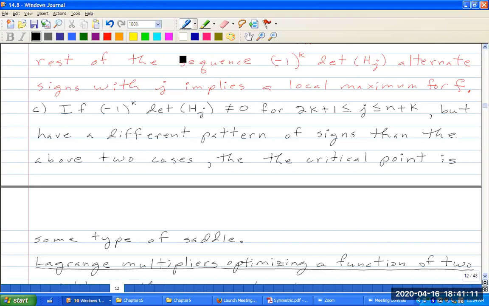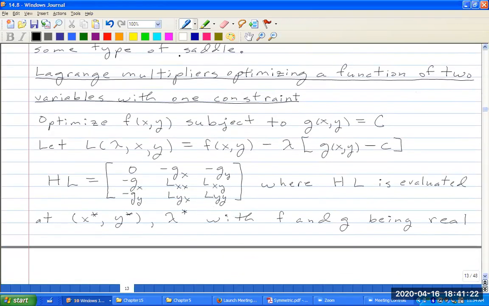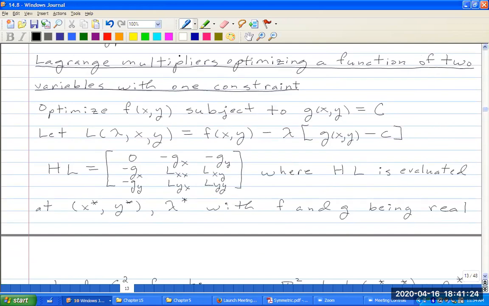Okay, let's look at a few very specific cases. So this will be sort of a cookbook for these last two or three cases I'm spelling out. So Lagrange multipliers, optimizing a function of two variables with one constraint.